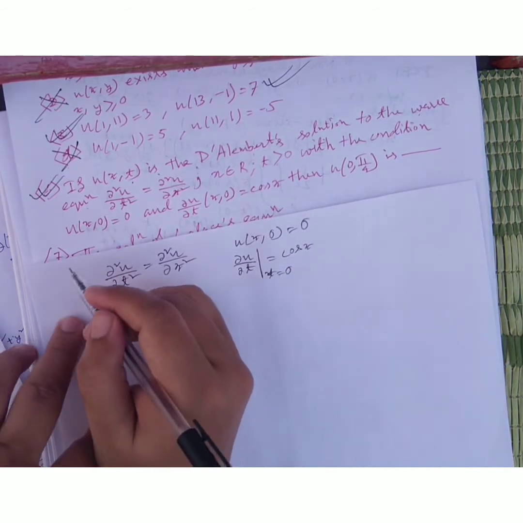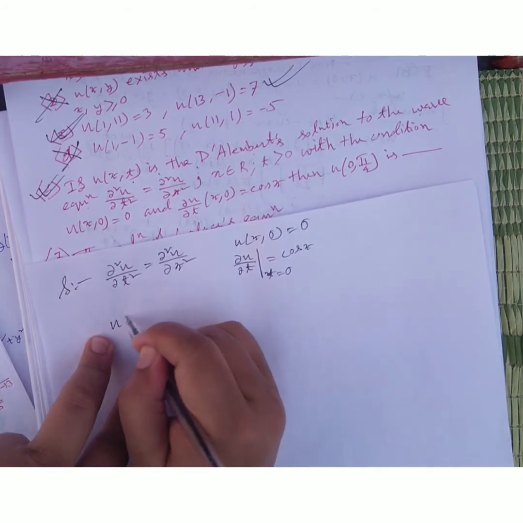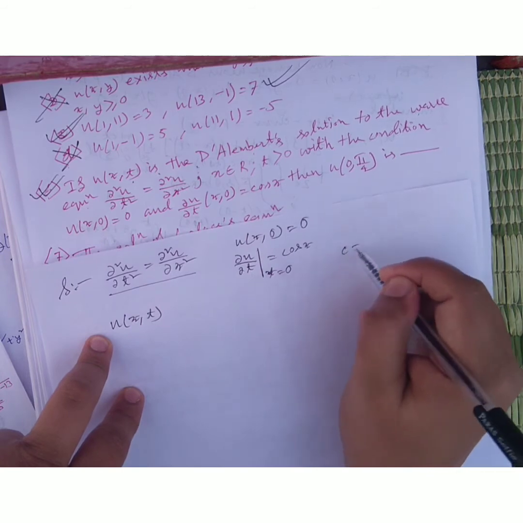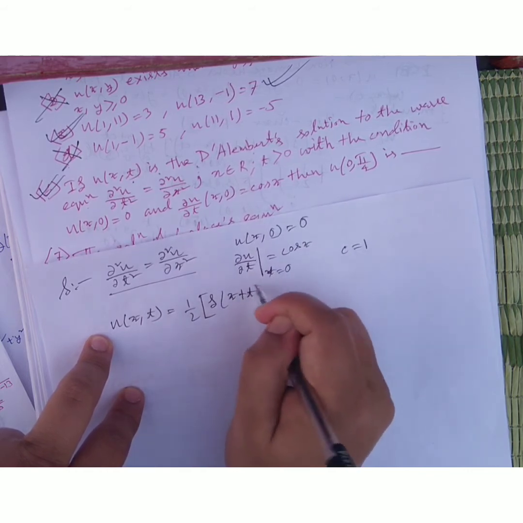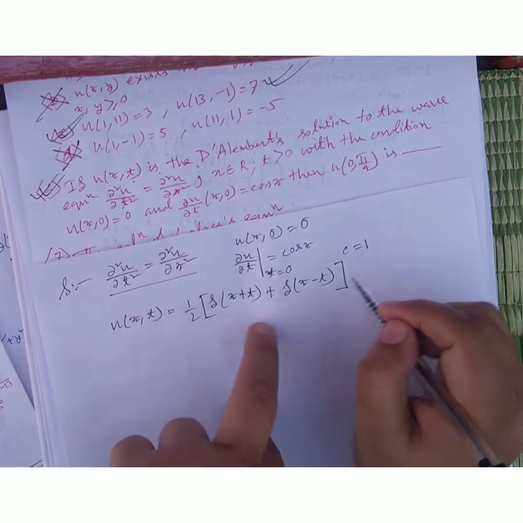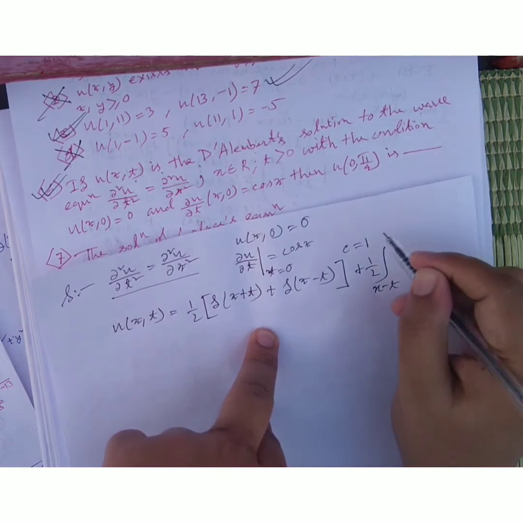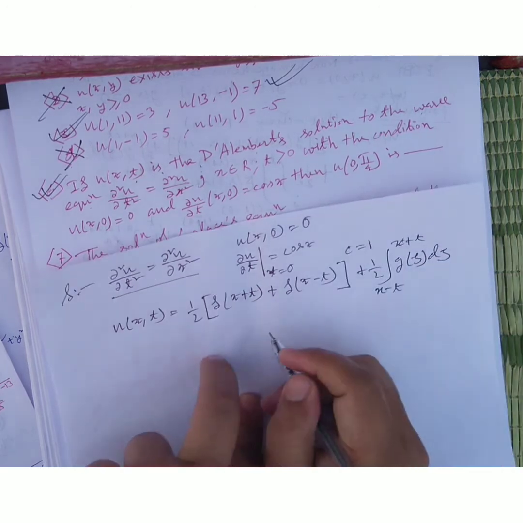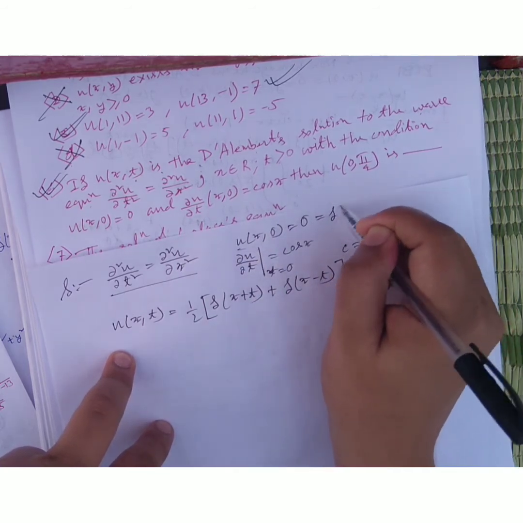So friends, I have told in my class, whatever you have to answer, my answer is coming. u(x, t) is the homogeneous equation, and c square is equal to 1 here, so the formula is half into f(x plus t) plus f(x minus t) plus 1 by 2 into the integral from x minus t to x plus t of g(xi) d xi.